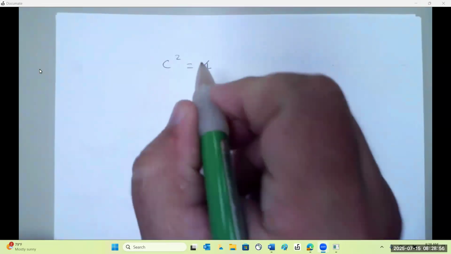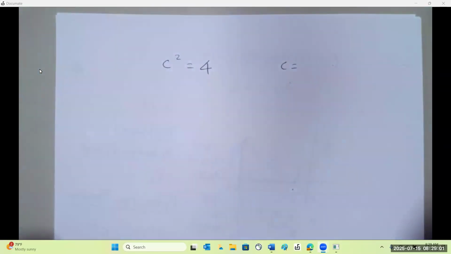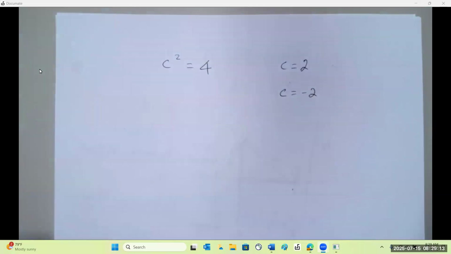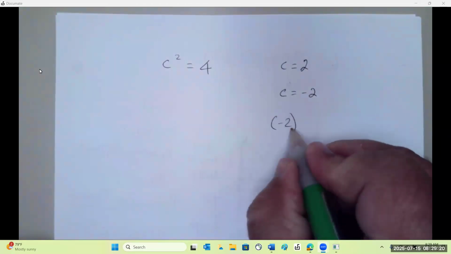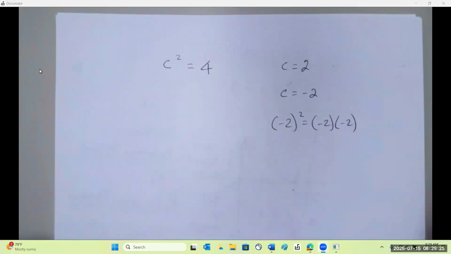If I gave you this, if I said c squared equals 4, what would you tell me the answer was? Negative 2 squared means negative 2 times negative 2.